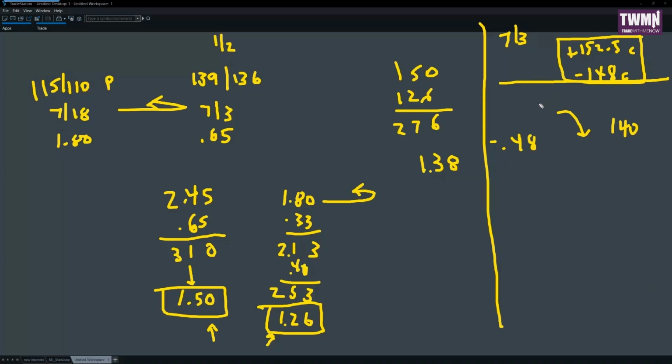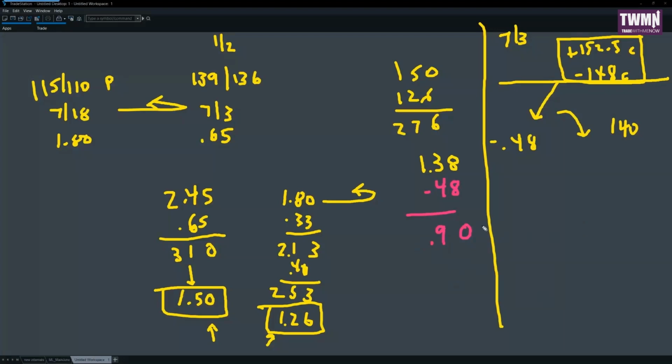So anyway, this call credit spread here, I got 48 cents, as long as price stays below 148. Look at the cost of my trade now. 90 cents. It's actually 92 is what mine came to.